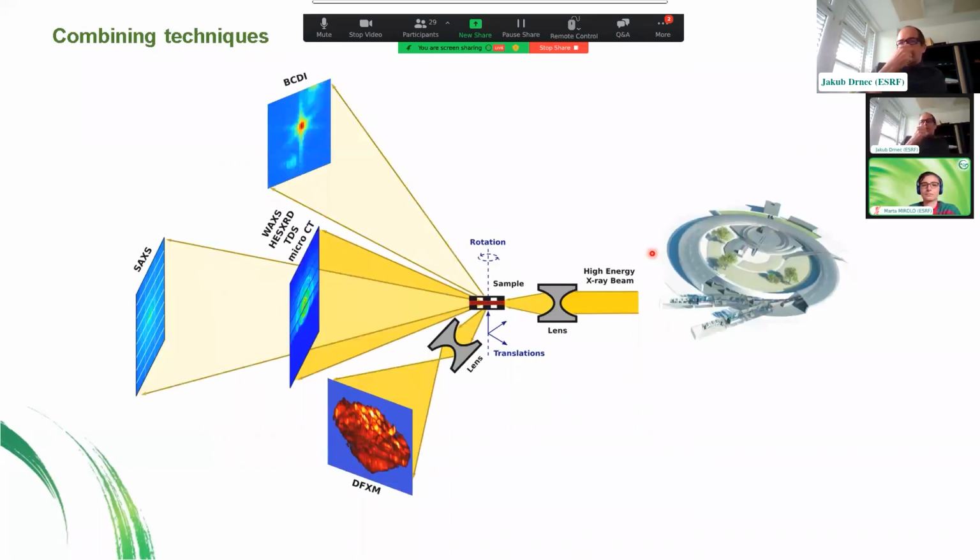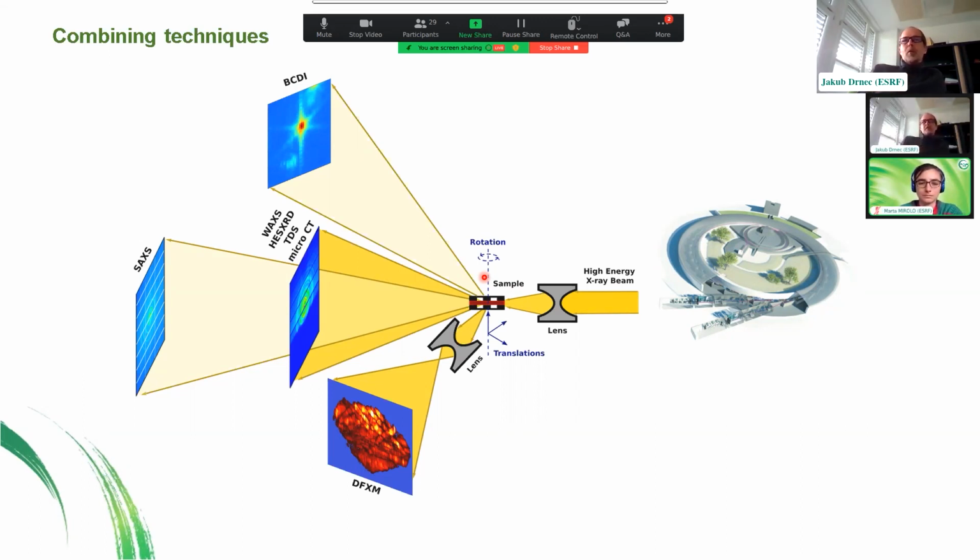Okay, so now this is our typical approach. For example, the ID31 beamline is built for this kind of approach where you have a source, right? Then you maybe focus the beam here. Now I think my mouse doesn't work. Focus the beam here, and then you have multiple detectors around, and you check different ranges of reciprocal space.